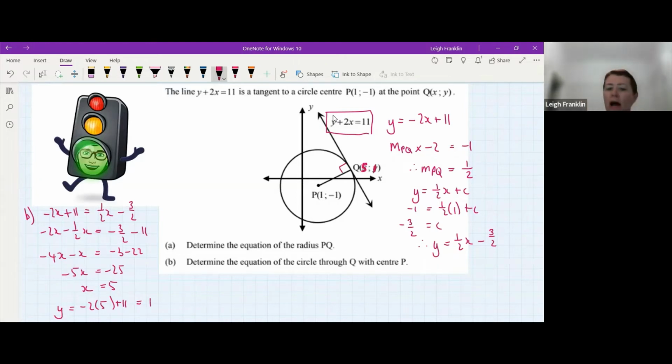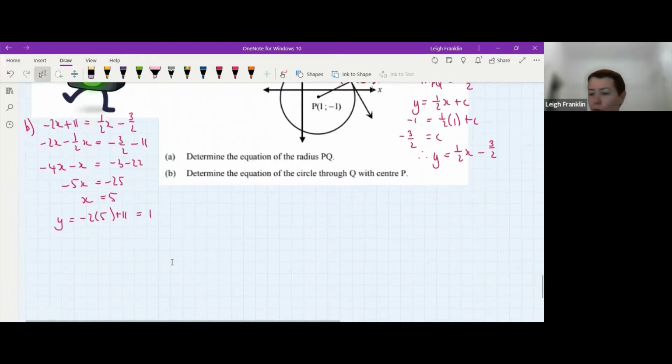And the reason that I wanted the coordinates of Q is so that I can use that point to sub into the equation of the circle. Because now I know the coordinates of the center of the circle are 1 and minus 1. So that means I can write x minus 1 squared plus y plus 1 squared equals r squared.